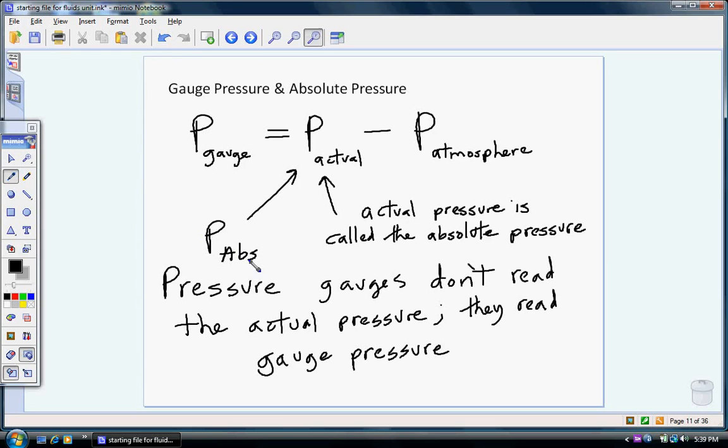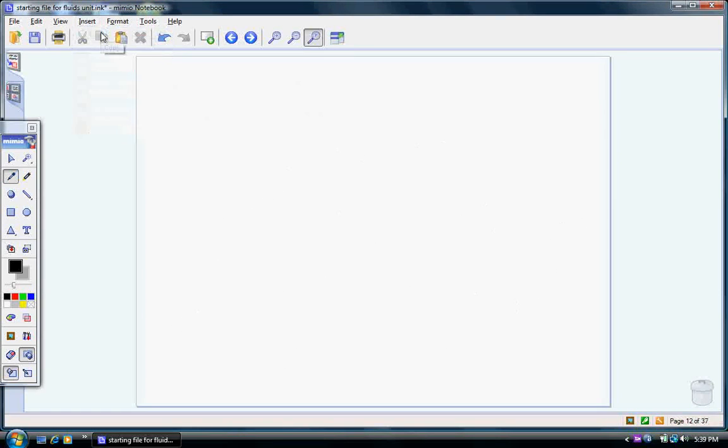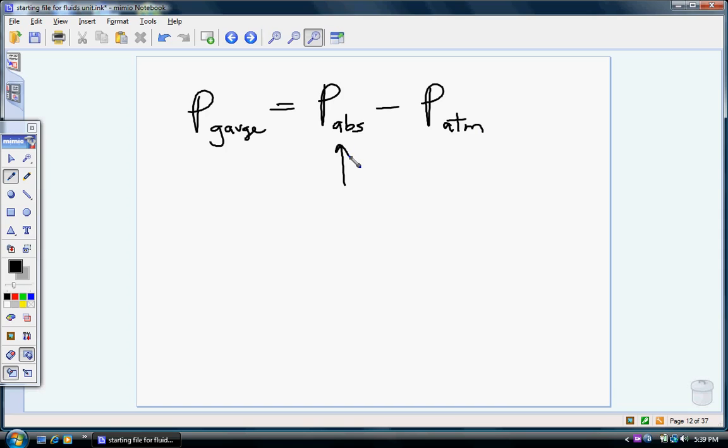So basically, the gauge pressure equals the absolute pressure minus the atmospheric pressure. And just keep in mind that the absolute pressure is the actual pressure that the fluid exerts on its surroundings.